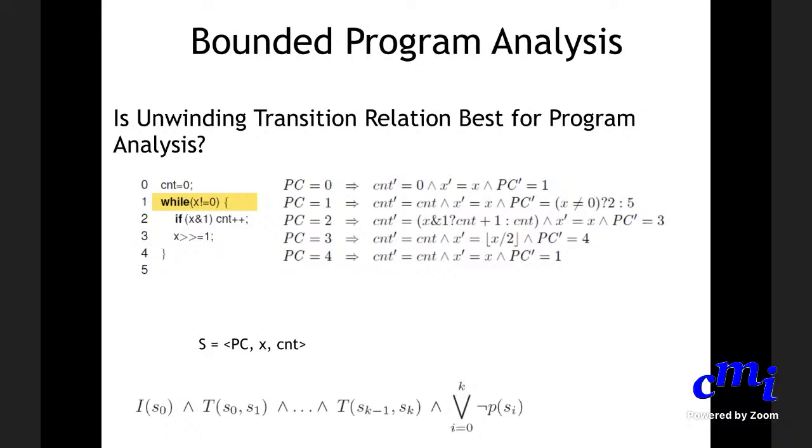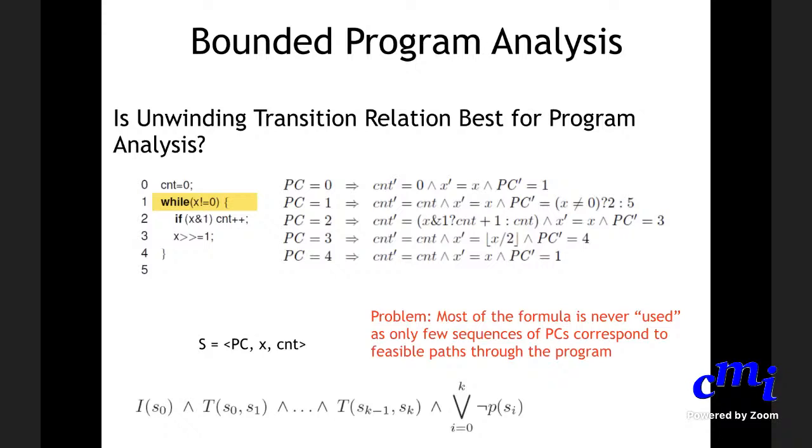Now, the problem with modeling using the transition system is, firstly, you have introduced the PC, which is a new state that adds to the possible values in the state.